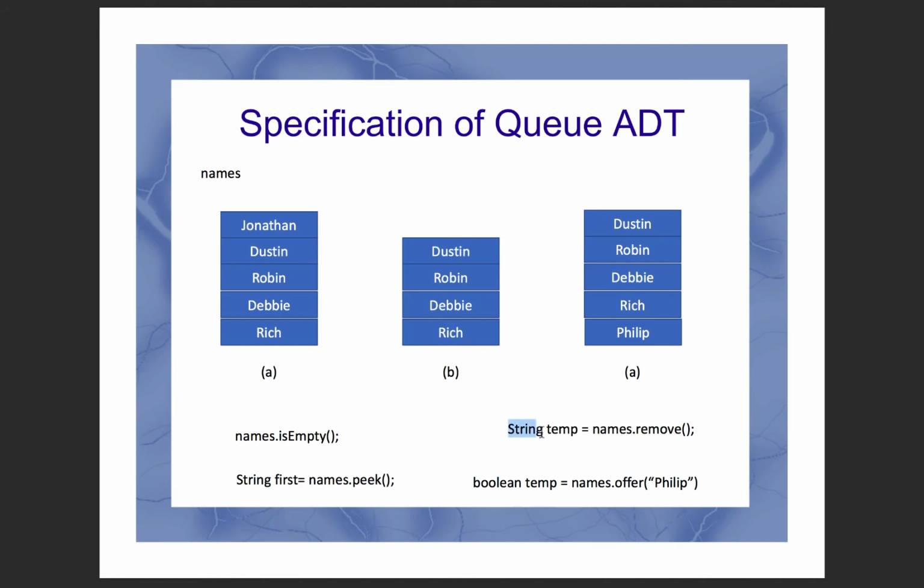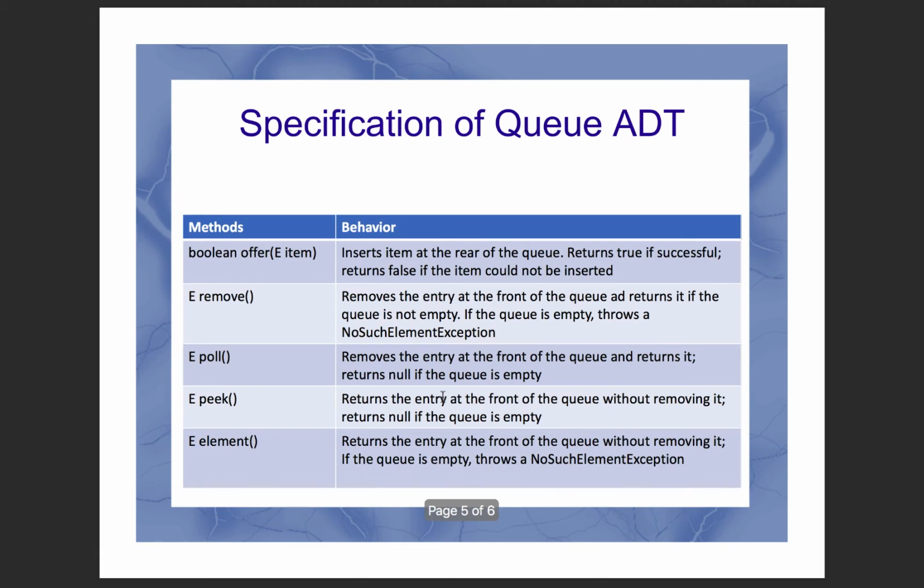Now go to the third method, names.remove. names.remove basically removes the first element of the queue. If you go to the remove method, it deletes the front element from the queue, and if the queue is empty, then it throws an exception.